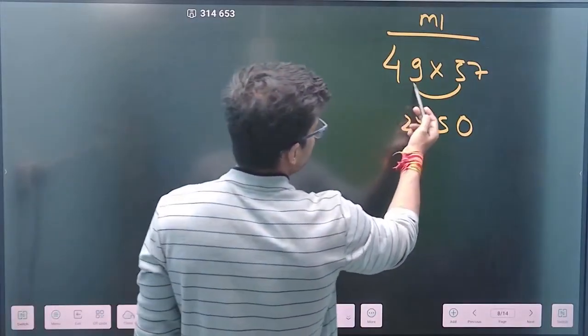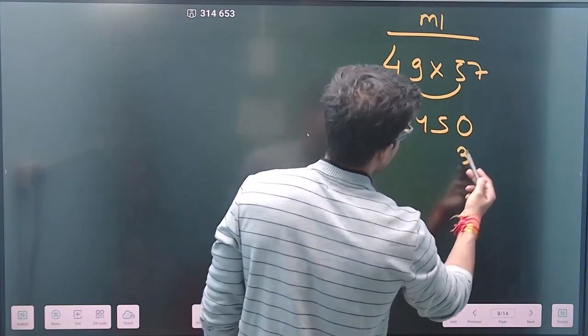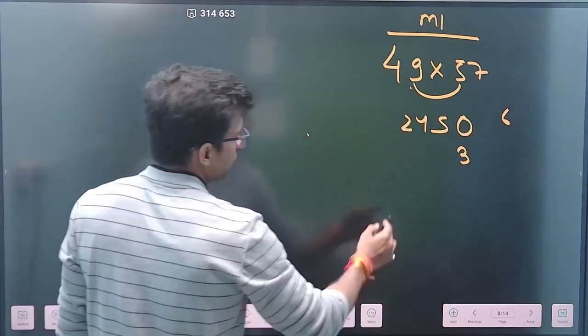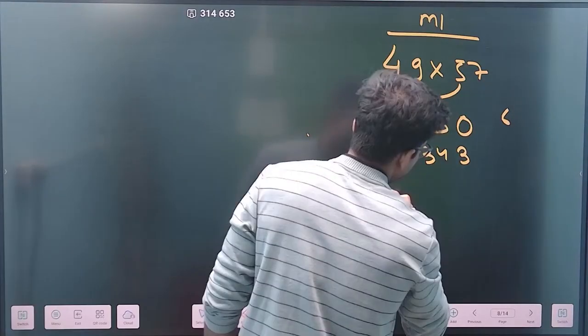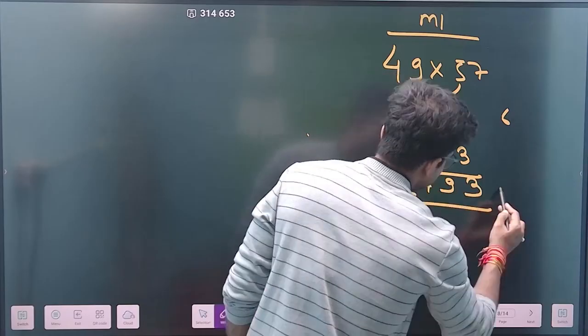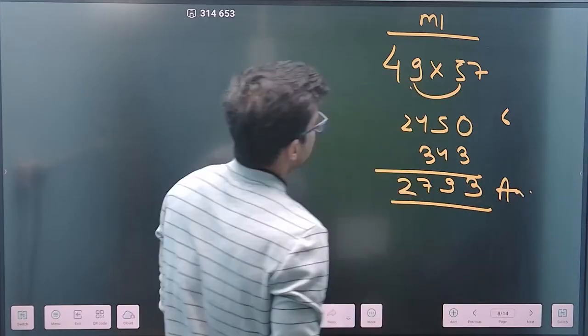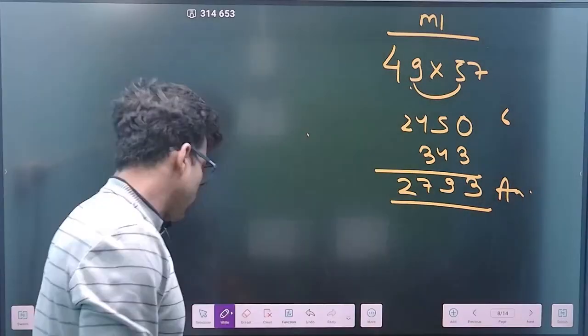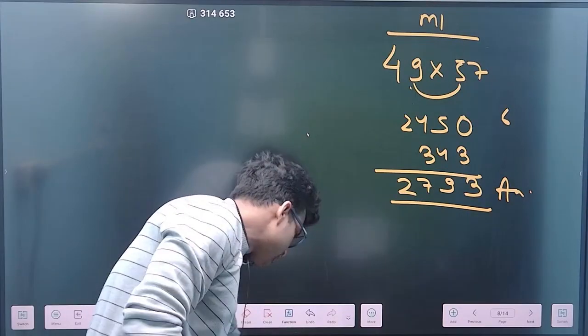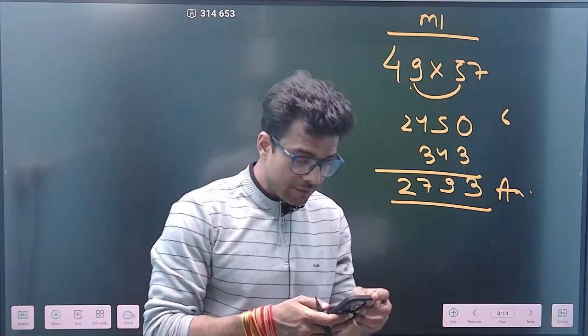Now 5 9s are 45. Put 5, carry 4. 5 4s are 20, this becomes 24. Put 0 over here. Then add this number. 2793 is the answer. Correct or not? Can you please confirm, is this clear?